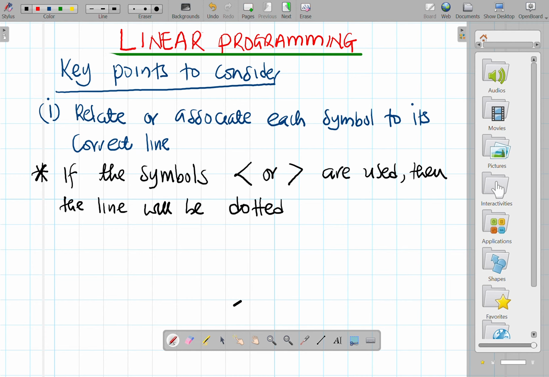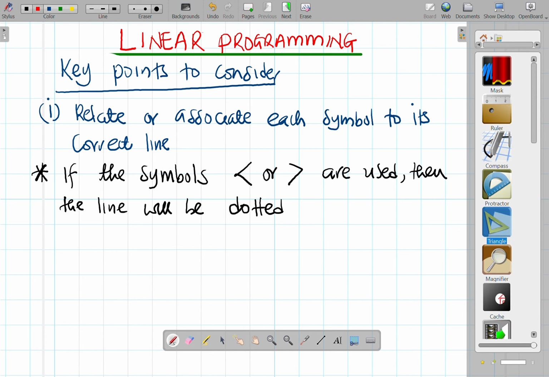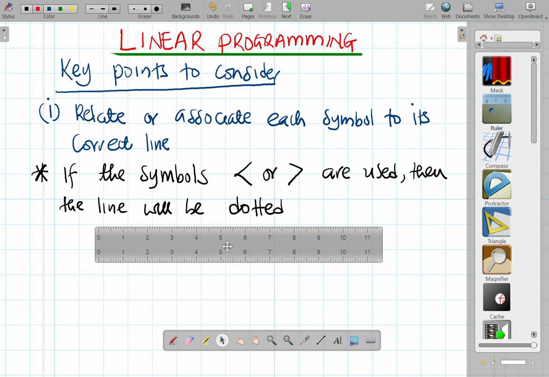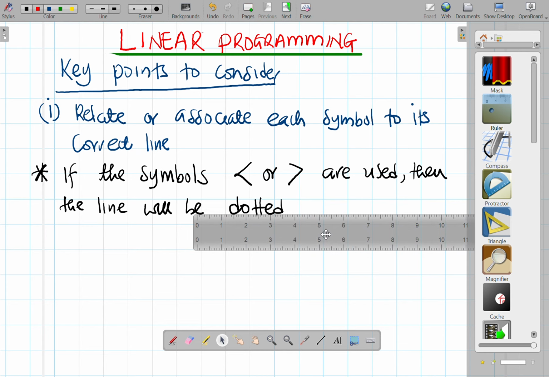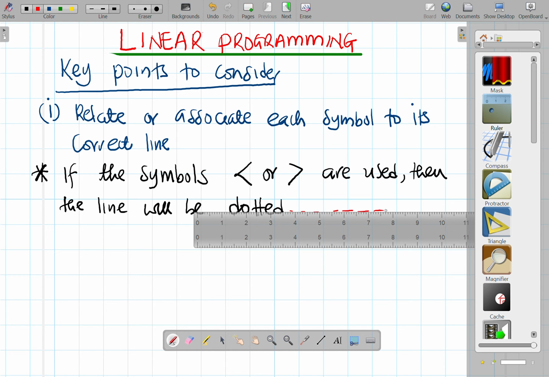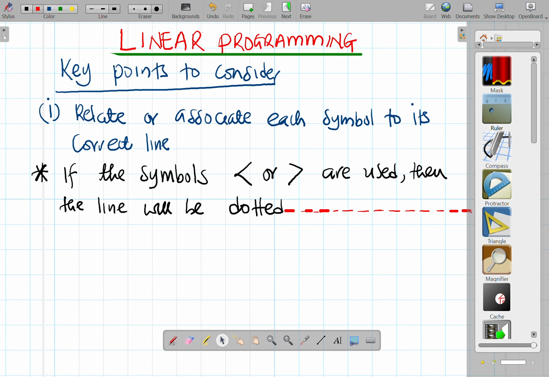Like so, the line will be dotted. So we're going to have a dotted line like that. That simply means we have a dotted line, as you can see there.